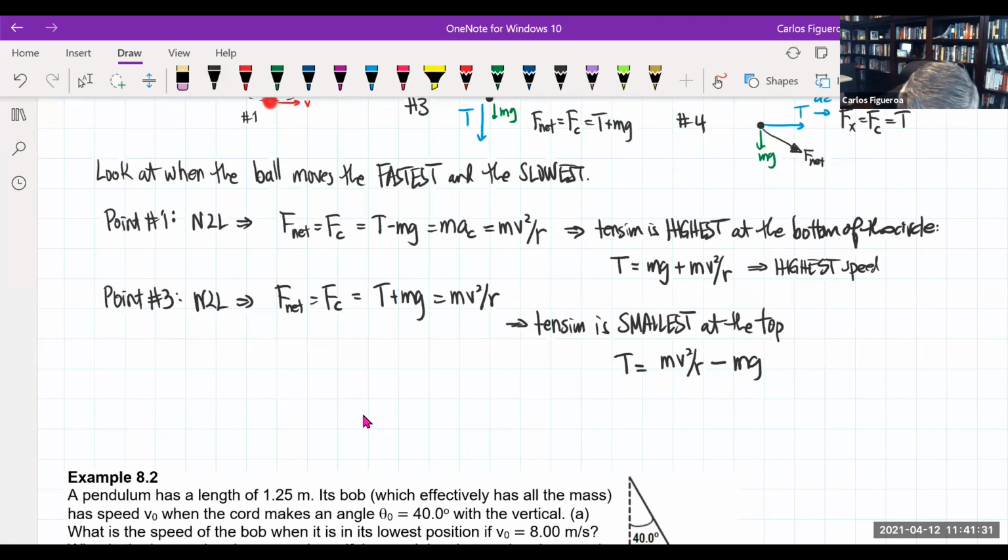And you know what? I should have probably erased it and written it in this form. You can see here that the weight is increasing the tension. Here it's reducing it. So this is the critical thing that I want to focus on right here.